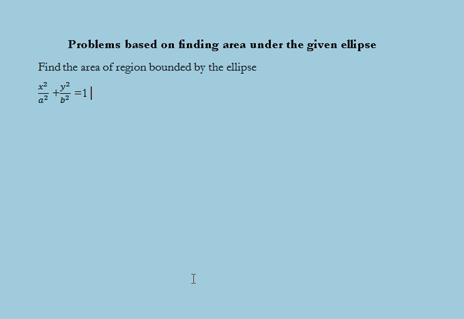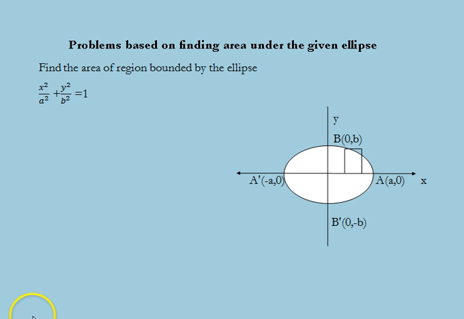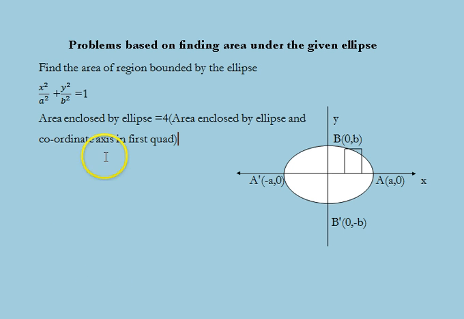Since all powers of x and y are even in the given equation of the curve, we can make out that it is symmetrical about both the axes and we can have the figure of the ellipse as shown. And therefore the area enclosed by this ellipse is equal to 4 times the area enclosed by the ellipse and the coordinate axes in the first quadrant.